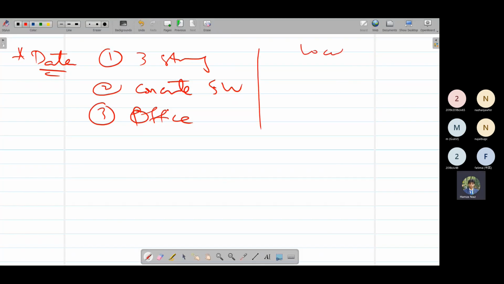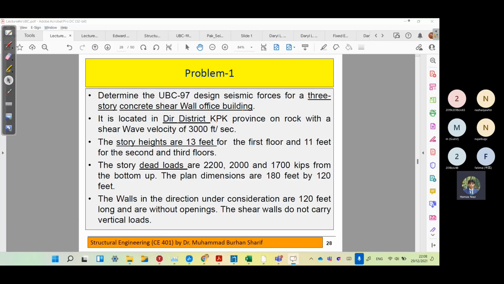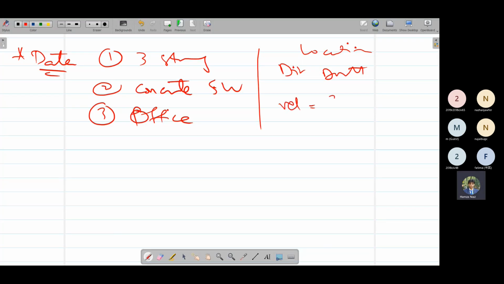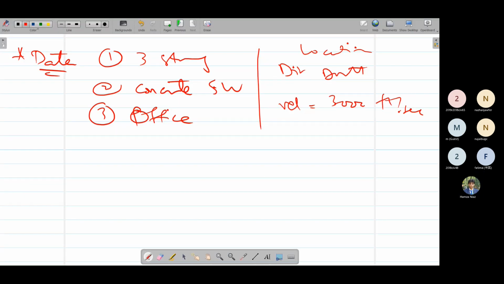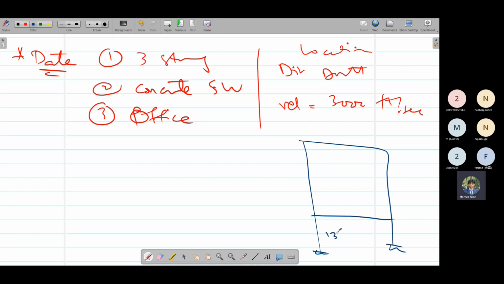The shear wave velocity is 3000 feet per second. The story heights are 13 feet, 11 feet and 11 feet for the three stories.